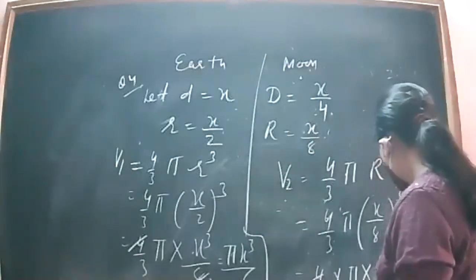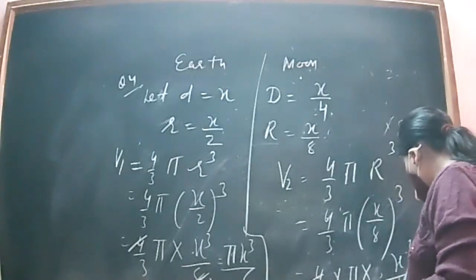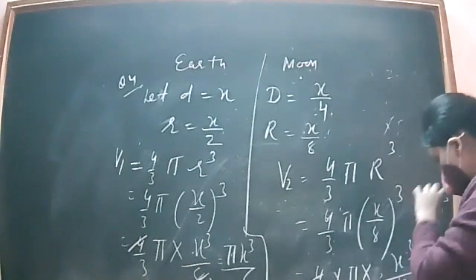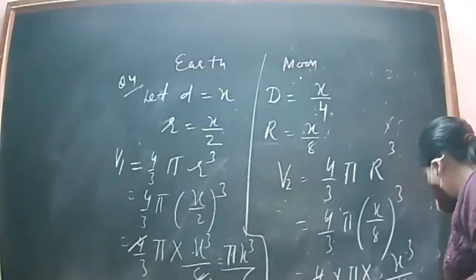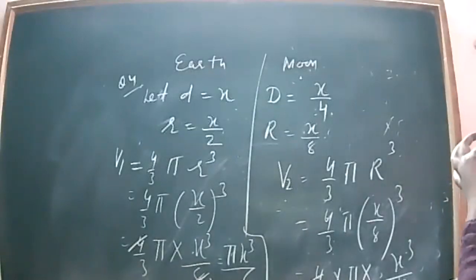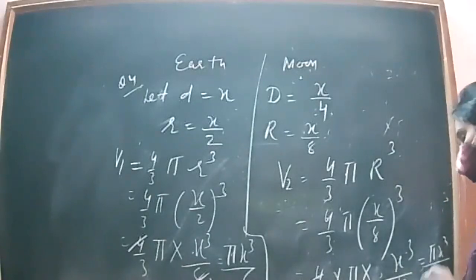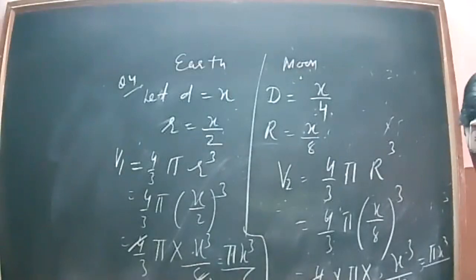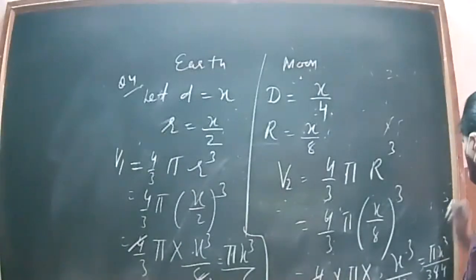This is 4, 3, 4 ones are 4, 4 twos are 8, 128, right? So this becomes pi x cube over 3 8s are 24, 384. So pi x cube over 384 is the volume of the moon.